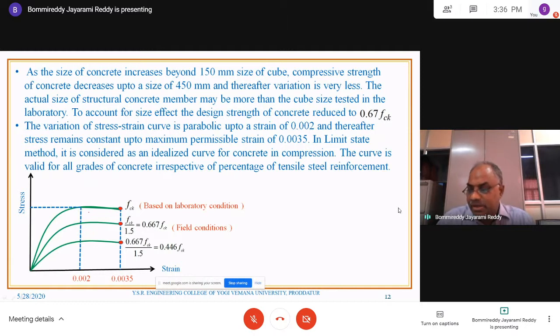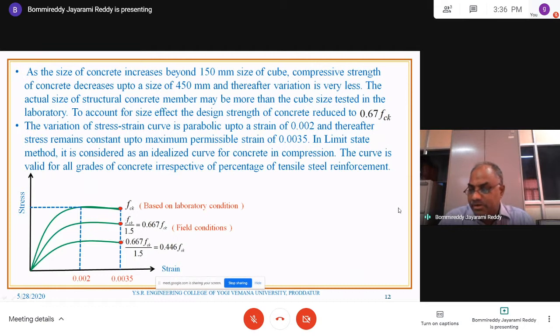That means the maximum stress is achieved at 0.002 strain, and after that it will be considered as constant up to 0.0035. In the second assumption, you know that the maximum compressive strain in concrete is taken as 0.0035. Beyond that, any strain is not considered and we are neglecting it.